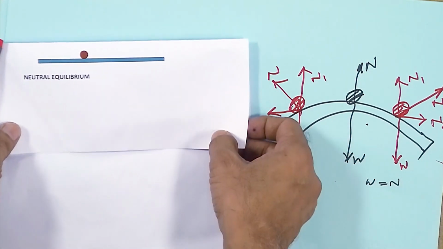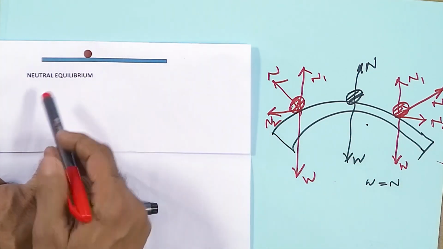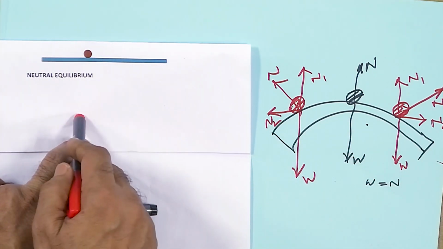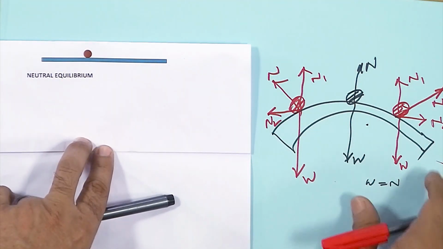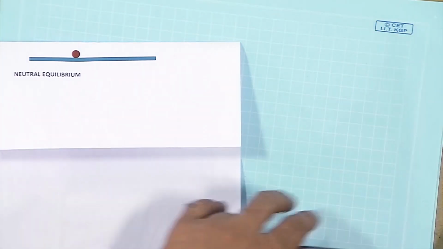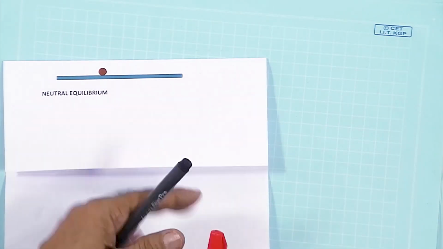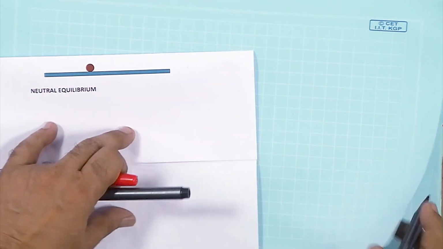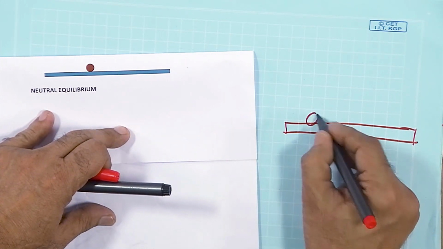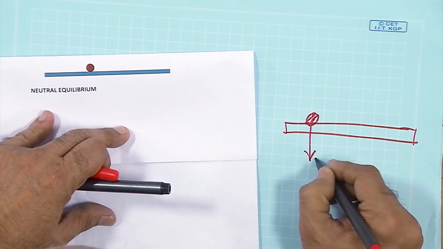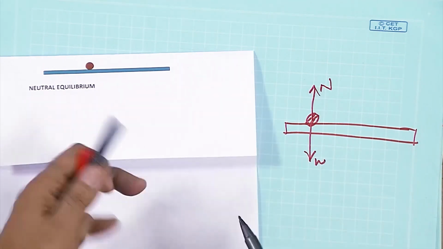When the body is kept like this, if we keep the ball over here, its weight is acting in the downward direction and its normal reaction in the upward direction. So, if we draw the diagram of the forces acting on the body, it will be like this. When it is over here, weight W is acting downward and the normal reaction is in this direction.